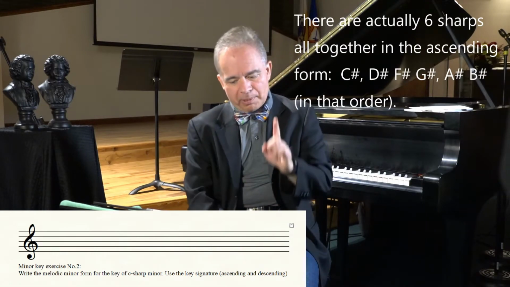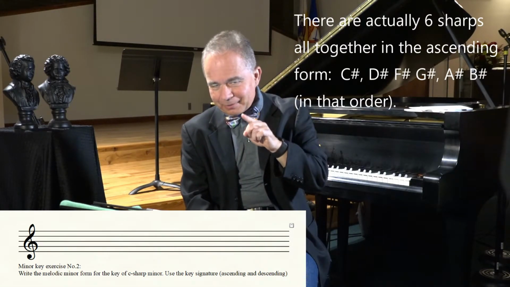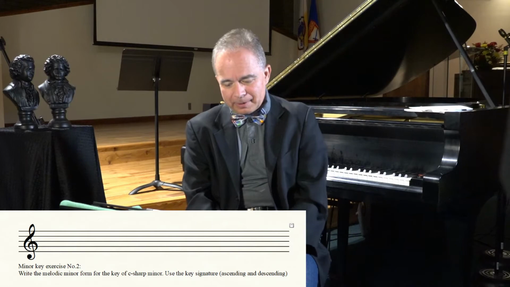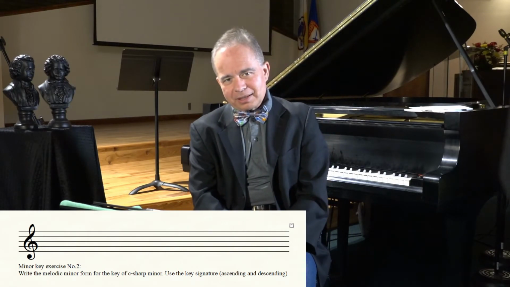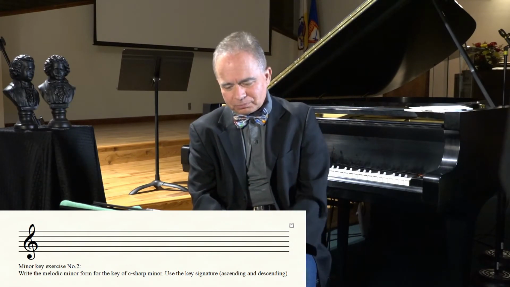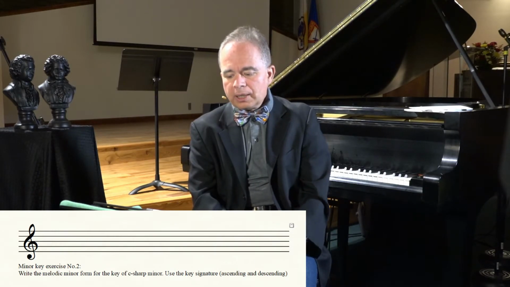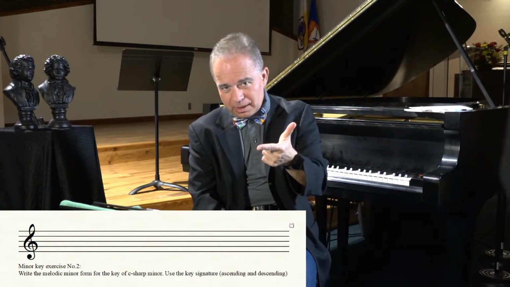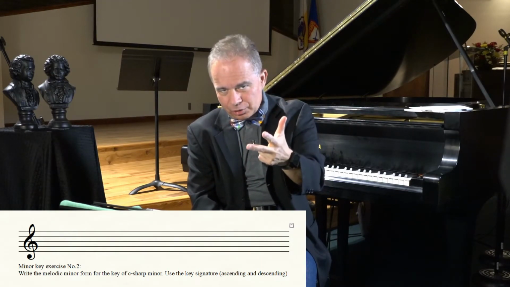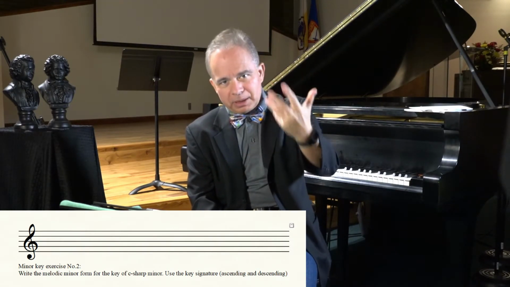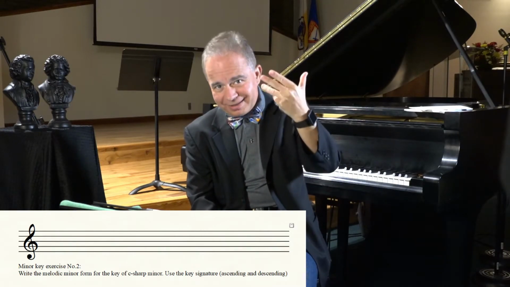Okay? Remember, on the way down the melodic, we have to cancel the 7th and the 6th degrees. We have to bring them down to their natural state. So let's go back down now. C sharp, B natural, A natural, G sharp, F sharp, E, D sharp, and C sharp.